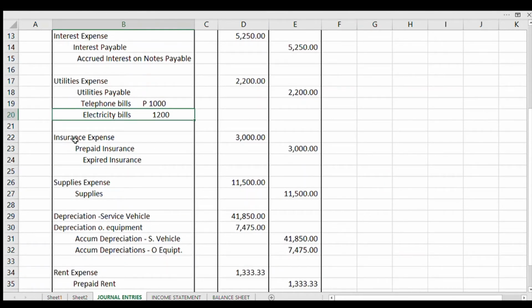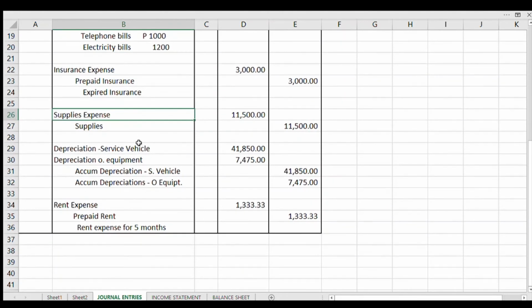Insurance expense, the expired portion of the insurance, the expired portion of the supplies, the systematic allocation, which is the depreciation, and finally the rent expense, or the expired portion of the prepaid rent.